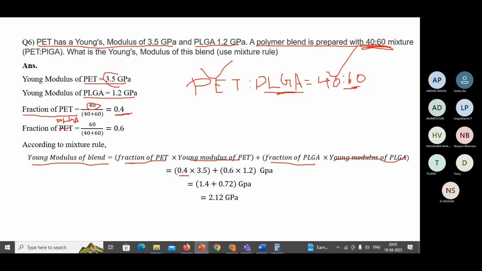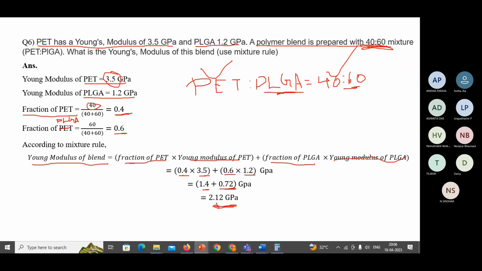Plus again 0.6, the PLGA fraction, times 1.2, the PLGA Young modulus. So after multiplying, it comes as 1.4 and 0.72. So after summing up, we found 2.12 GPa.